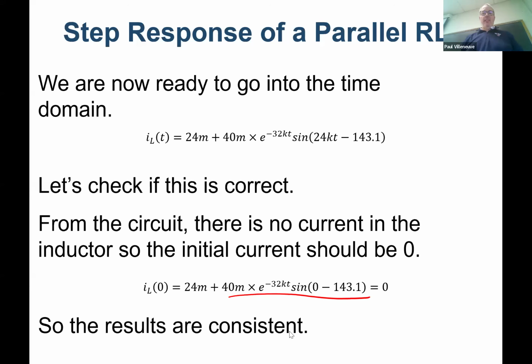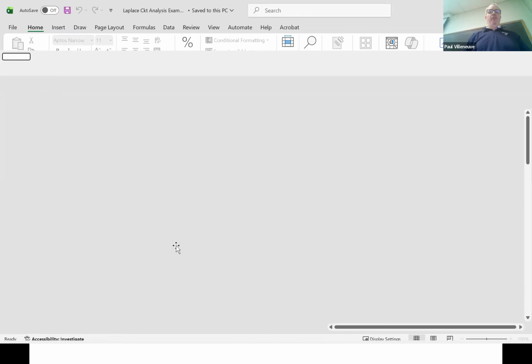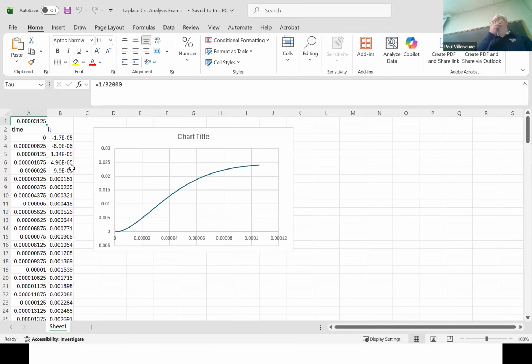This is where I'm going to teach you, hopefully, an incredibly powerful tool. It's called Excel. Excel is wonderful for plotting things and coming up with nice charts. So I'm going to enter in here 1 over 32,000. What do you think 32,000 is?